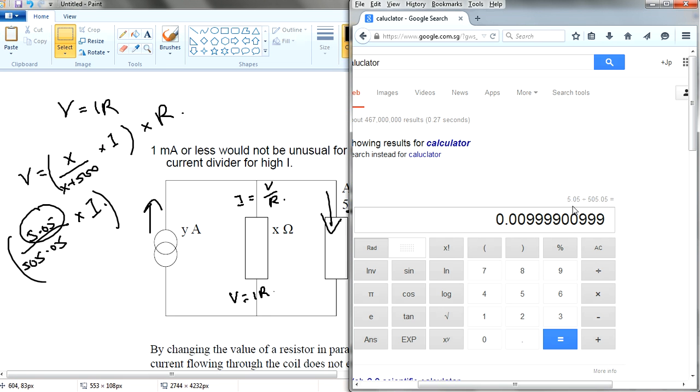So I took 5.05 divided by 505.05, I have this value over here.